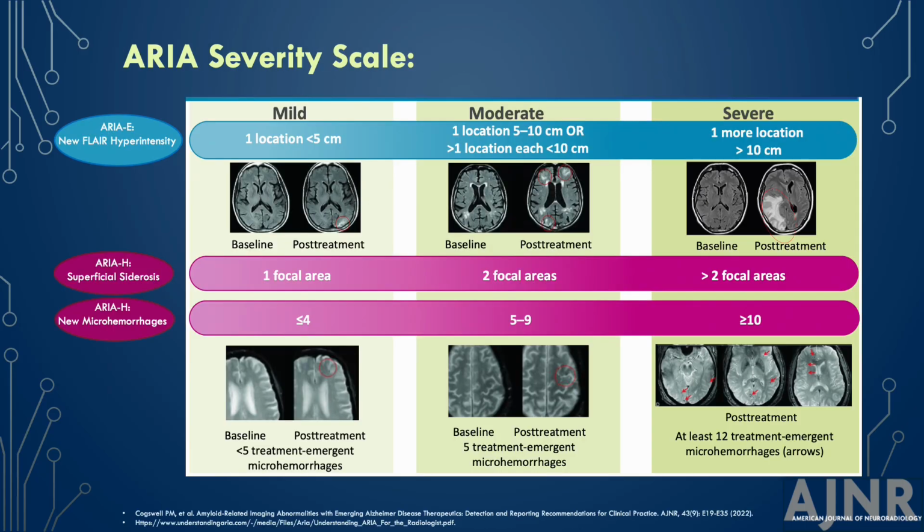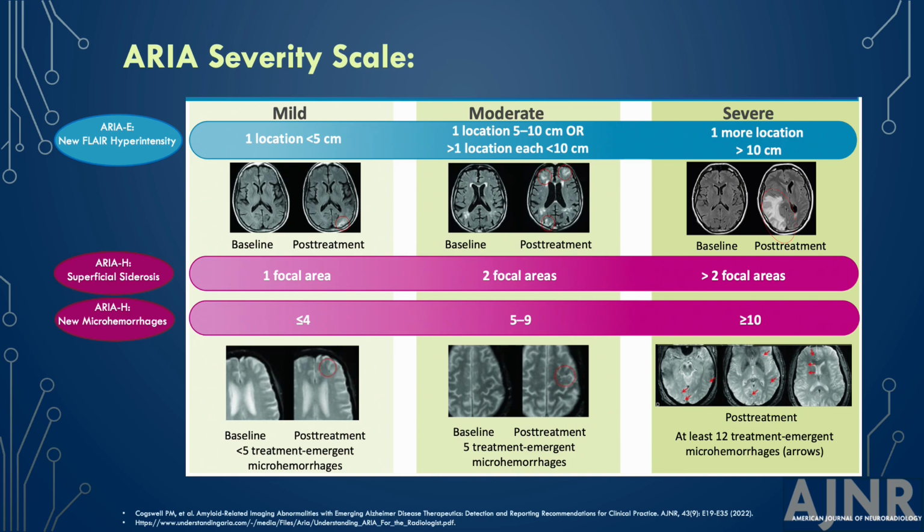This slide shows examples of mild, moderate, and severe categories for ARIA E and ARIA H severity scales. If the area of FLAIR signal abnormality and hyperintensities is less than 5 cm, it is considered mild. If it is between 5 to 10 cm, it is considered moderate.